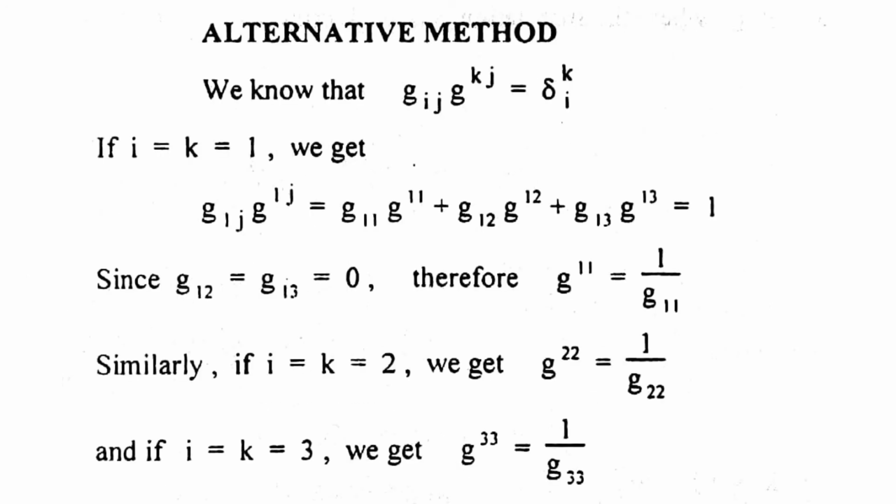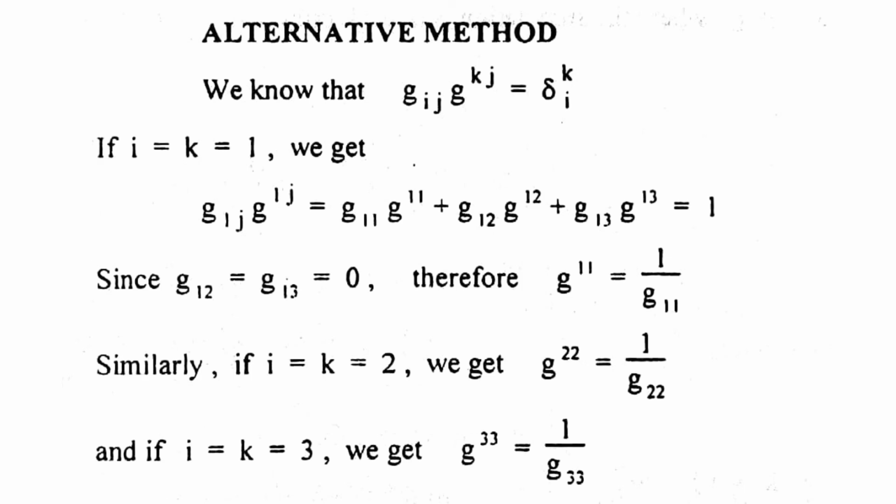Alternatively, we can solve it like this. We know that g^ij g_kj is equal to delta_ki. It is a contraction of this term. If i is equal to k equal to 1, we get g^1j g_1j, with j varying over 1, 2, 3.